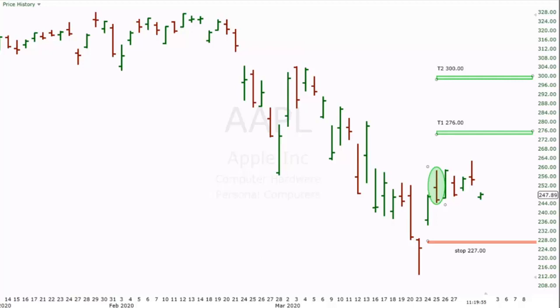So there's a good diversity of stocks in there too. We've got telecommunications, technology stocks, retail, financials, and pharmaceuticals. So your list is diversified as well.